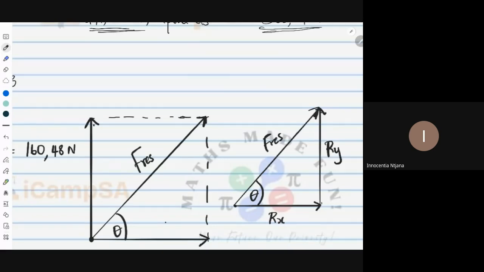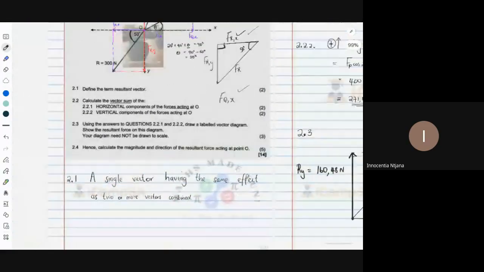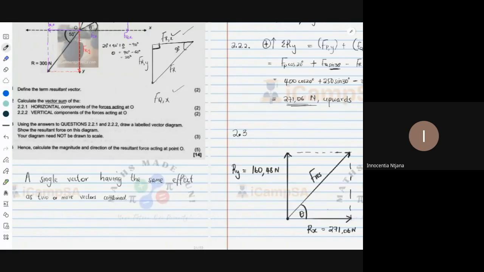So going up, we have Ry. Going to the right, we have Rx. And the diagonal one, or the 2D vector, is our resultant. And then we have our theta, which is the direction of our resultant vector. All right. So let's go to 2.4. Remember, if you don't get it, you are welcome to stop me.